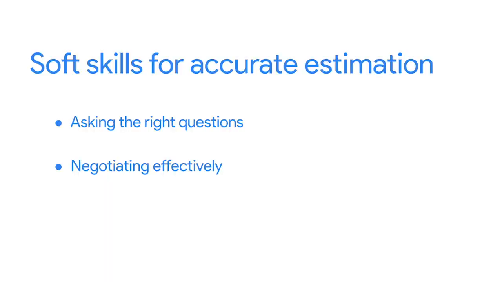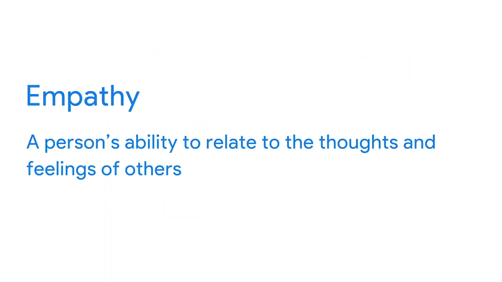Now let's discuss the value of practicing empathy. Empathy refers to a person's ability to relate to the thoughts and feelings of others. Practicing empathy at work can be a very effective way to build trust with your team. Your teammates are humans, and each person can only do so much.